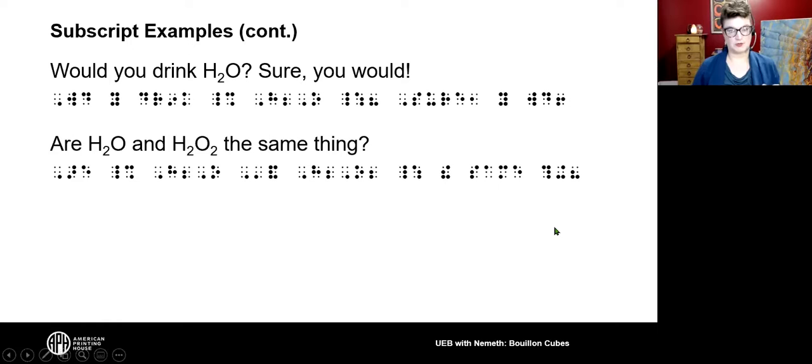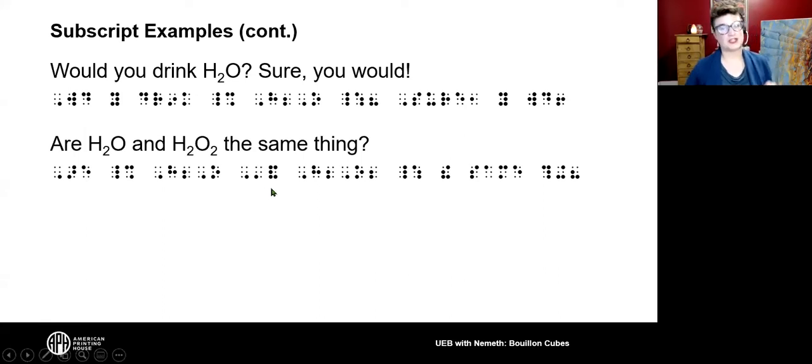All of that is in UEB. For the word and, it's just one word happening between material that's technical. So we can use the single word switch indicator. That's dots 6 and then dot 3.